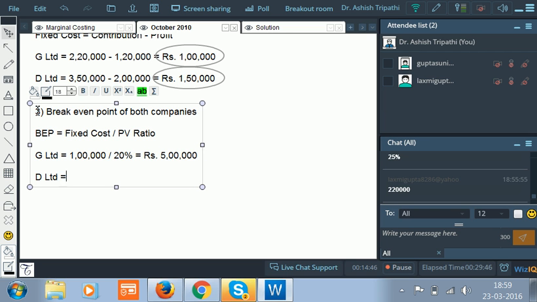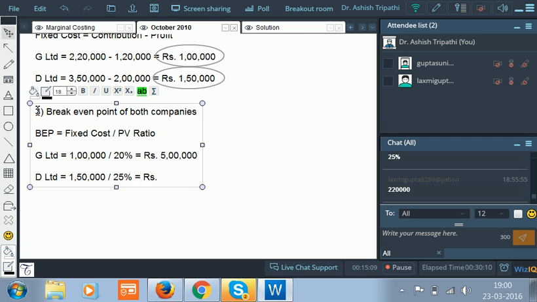Same way, let us calculate the break-even point for D Limited. D Limited का fixed cost is 1,50,000 divide by D Limited का PV ratio. D Limited का PV ratio is 25%. So that is equal to rupees.